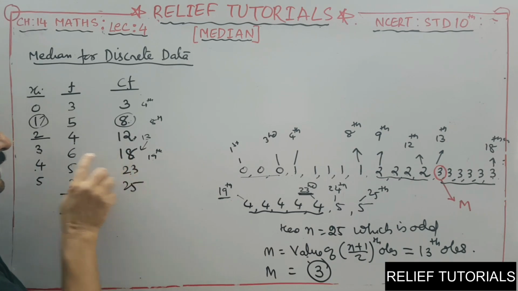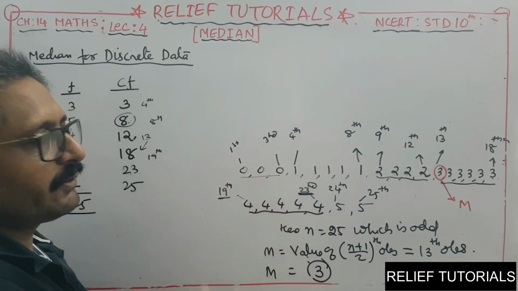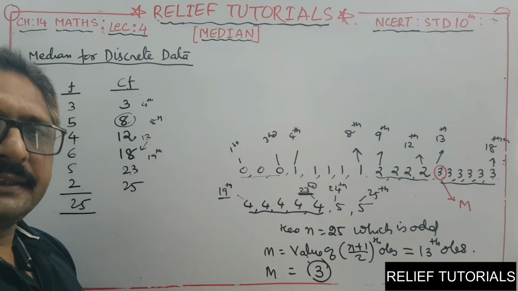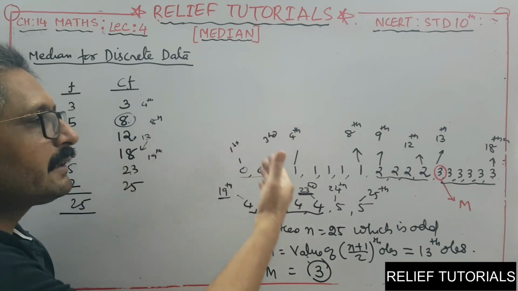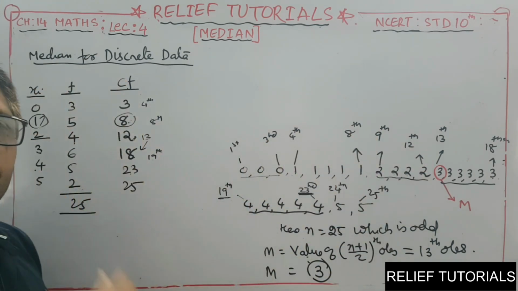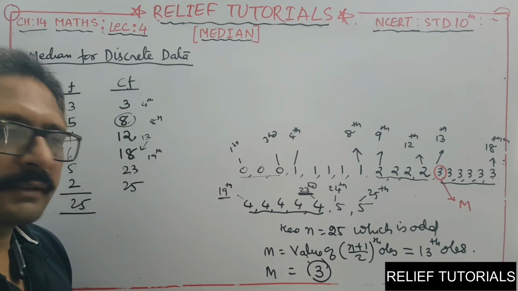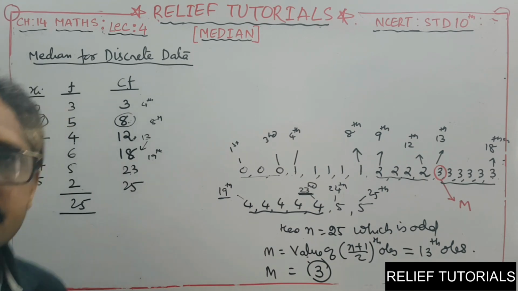So from 13 to 18, it is 3. So our median is 3. Have you got it? In this way, we are able to find the median. But this is not a practical method. Every time we are not able to convert grouped data into ungrouped data. So here we will take help of cumulative frequency. Clear? Now we will discuss one more problem for this.